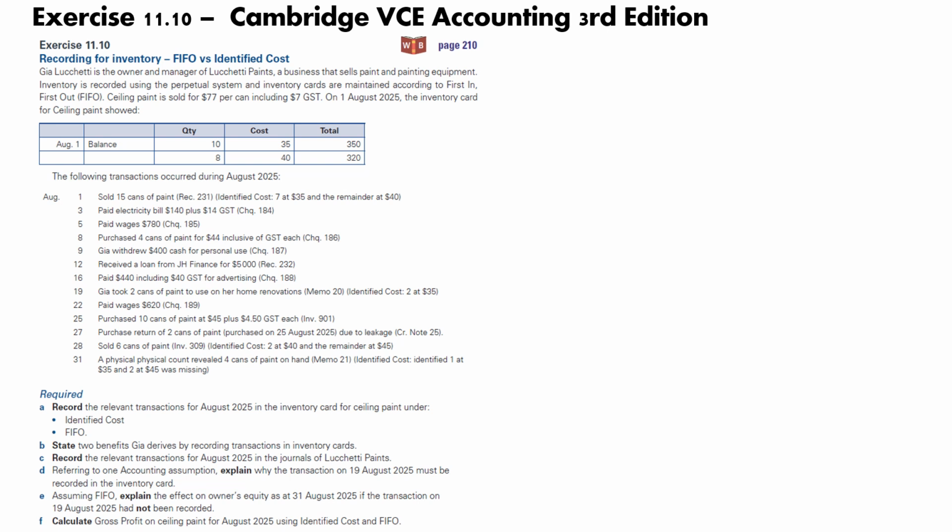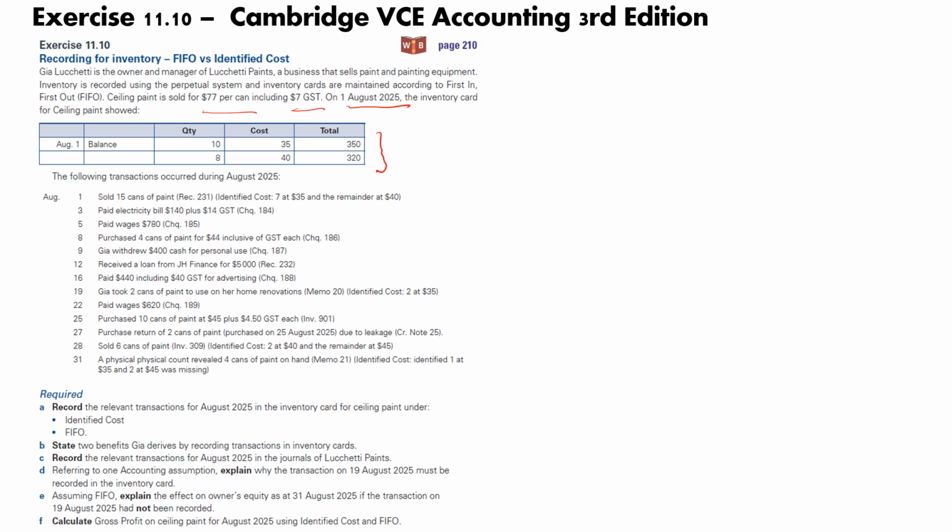Ceiling paint is sold at $77 per can, and we're going to underline that, including $7 of GST. On 1st of August 2025, inventory card showed this balance. So we've got 10 quantities of cost at 35 equaling 350 and 8 items at cost 40 equaling 320.